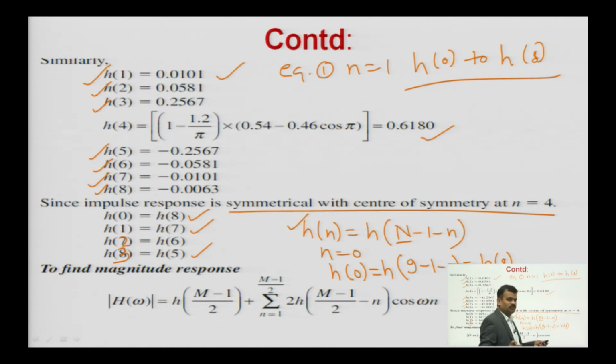So, if you put this, then your expression will be reduced and you will get a simple solution. Now, if you want to find the magnitude response, you can use this formula here. Mod of H of omega is equal to, this is the generalized formula, h of (M minus 1) upon 2 plus summation n from 1 to (M minus 1) upon 2 of 2 h of ((M minus 1) upon 2 minus n) cos of n omega, and M is the length of the filter.